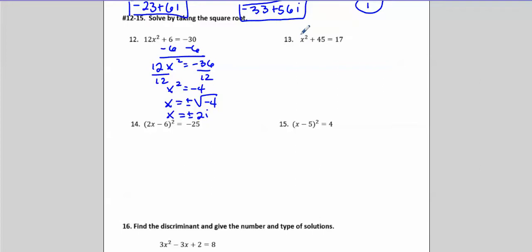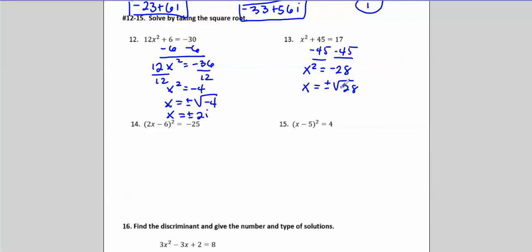Okay, in 13, it's the same idea. I'm going to get rid of the 45, so subtract the 45. x squared equals 17 minus 45, -28. And you're going to take the square root of both sides. Remember your plus or minus. Square root of -28.